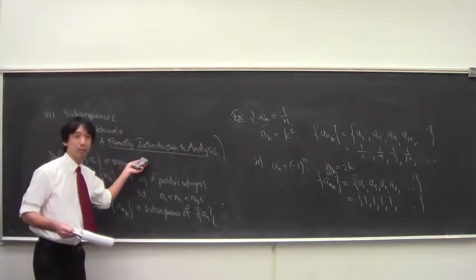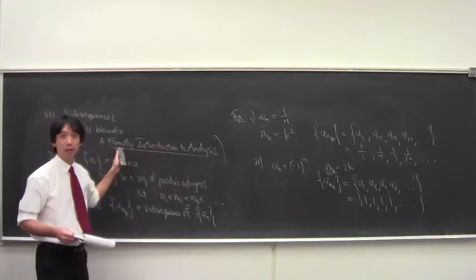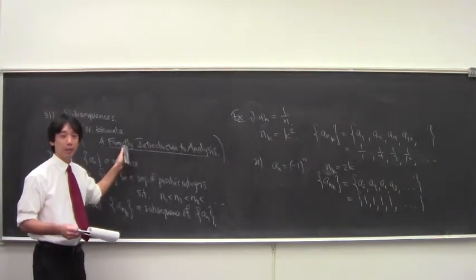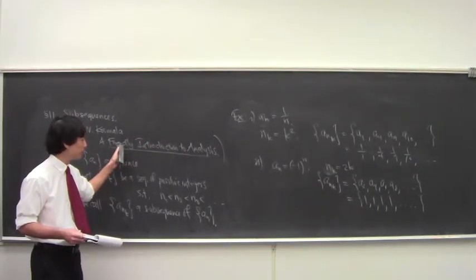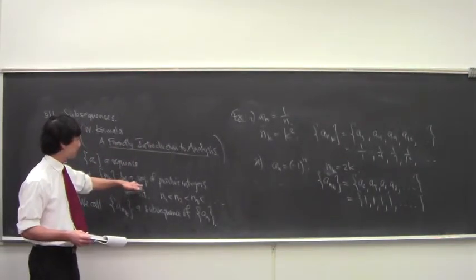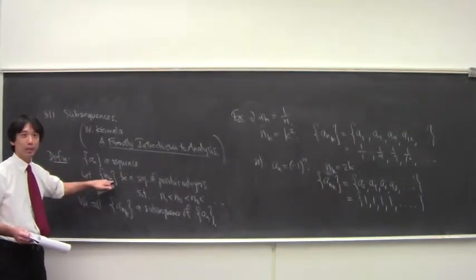Okay, so the notion of a subsequence is nothing very fancy, right? You've got a sequence, and you're just selecting elements of that sequence with increasing indices, and the main thing is just to become comfortable with the notation of it, right?